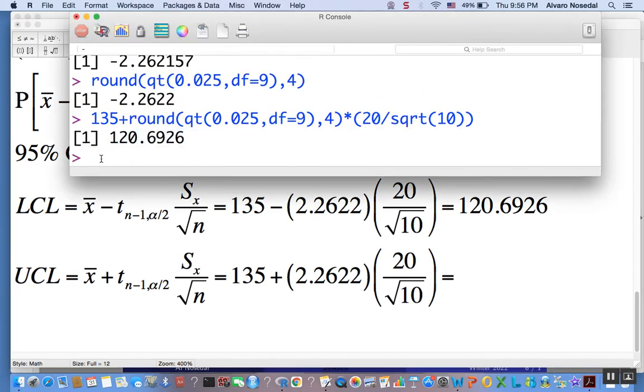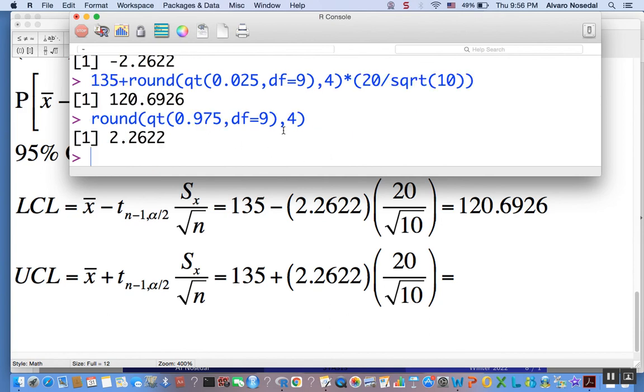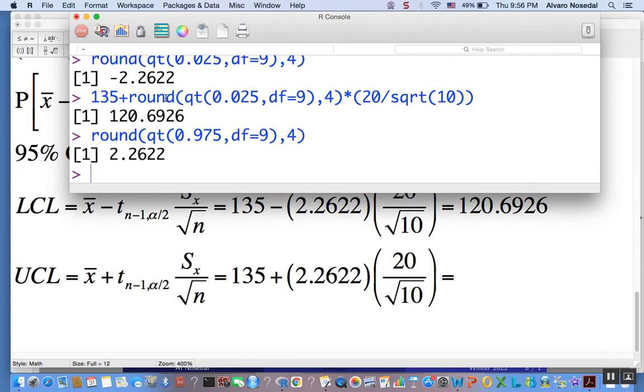What we would have here is 0.975, so the area to the right of that quantile is 0.025, or 2.5%. As predicted, the critical value for the upper limit is just the positive version of the one we had before.